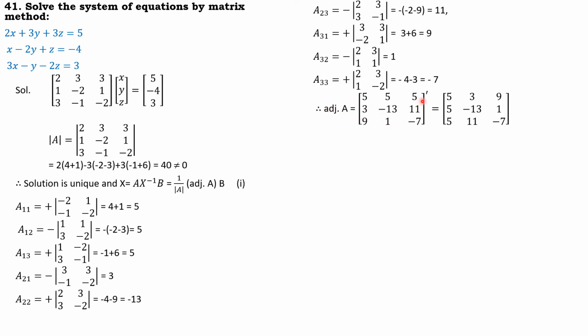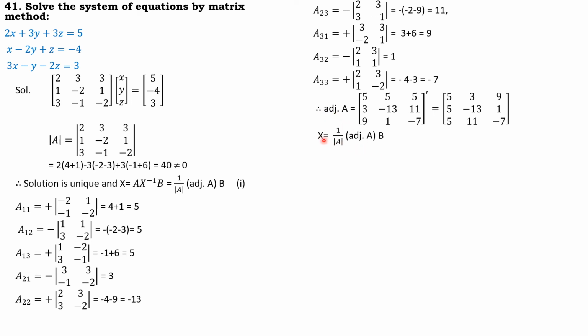That means we have to find the transpose of matrix A, where rows are converted into columns. Therefore, the row 5 5 5 becomes the first column, the second row 3 minus 13 11 becomes the second column, and the third row 9 1 minus 7 becomes the third column. Now we have found the adjoint of A.